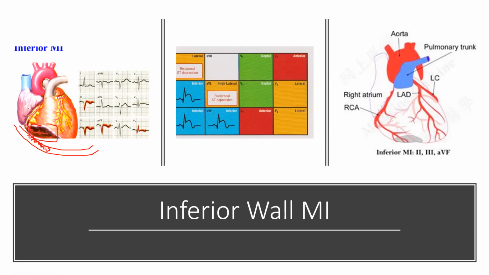The leads that are going to manifest an inferior wall MI are leads 2, 3, and aVF. Remember, any 2 combinations is acceptable. It is not necessary to have all 3 leads demonstrating ST elevation.